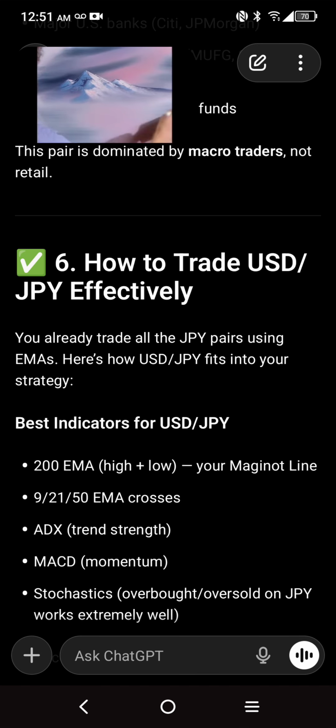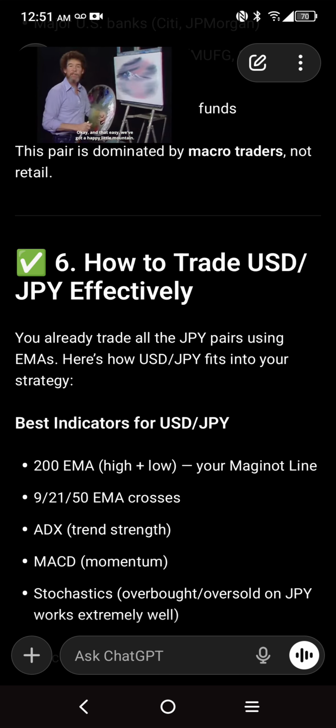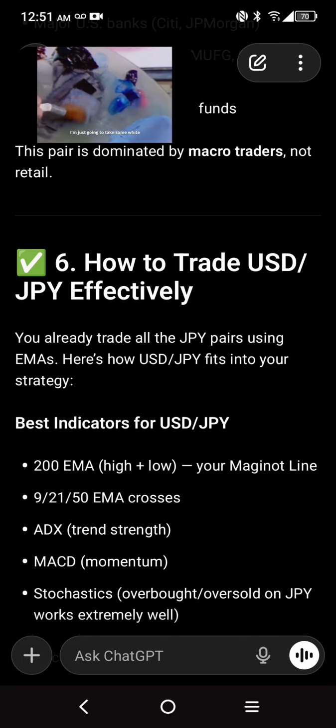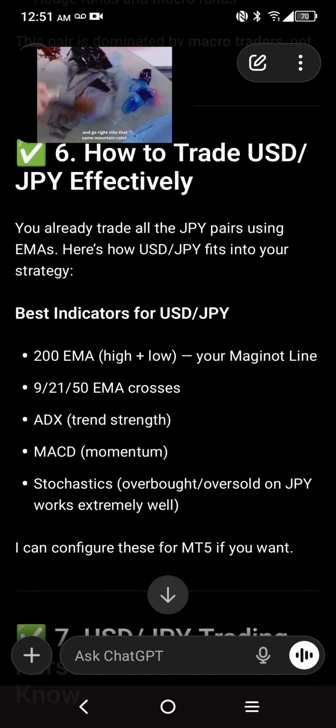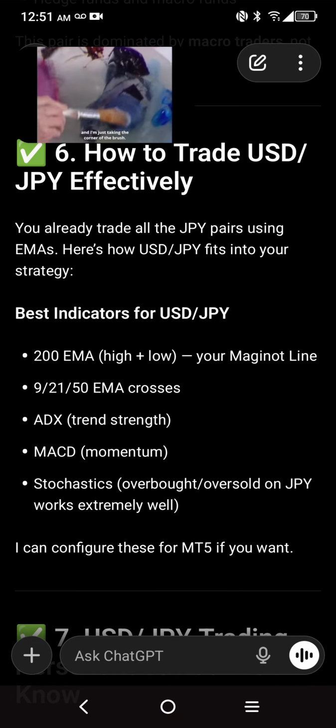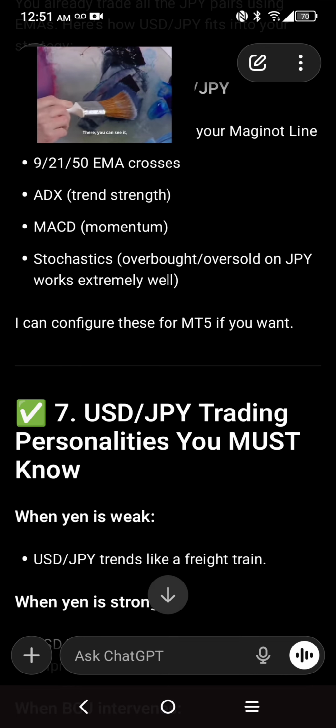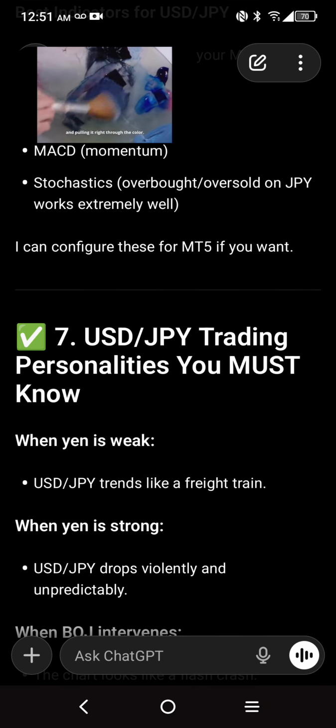You're using your EMAs. Here's how USD/JPY fits into your strategy. So basically, it's directly talking to me about what I already have talked to ChatGPT about. I'm not really going to go over those bullets because you're going to see those bullets in action. Let's go to number 7.